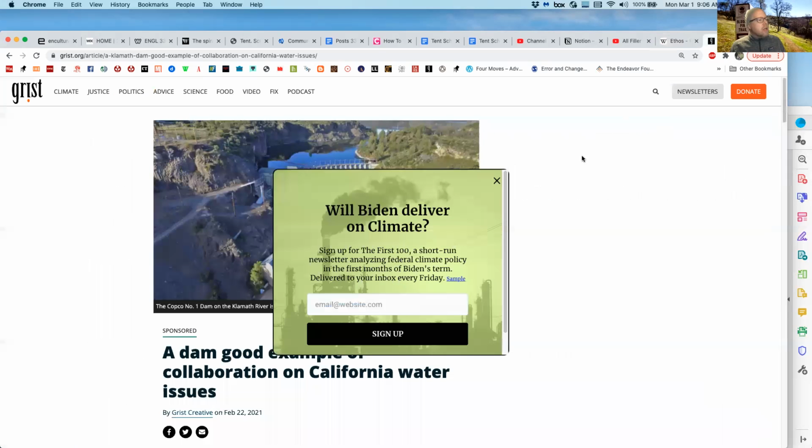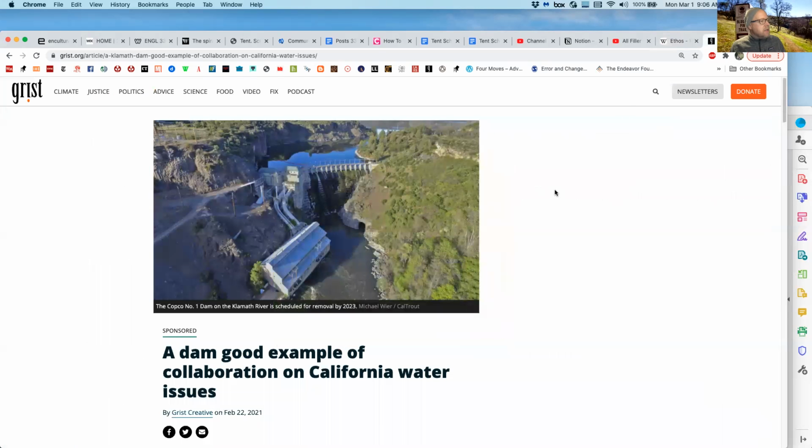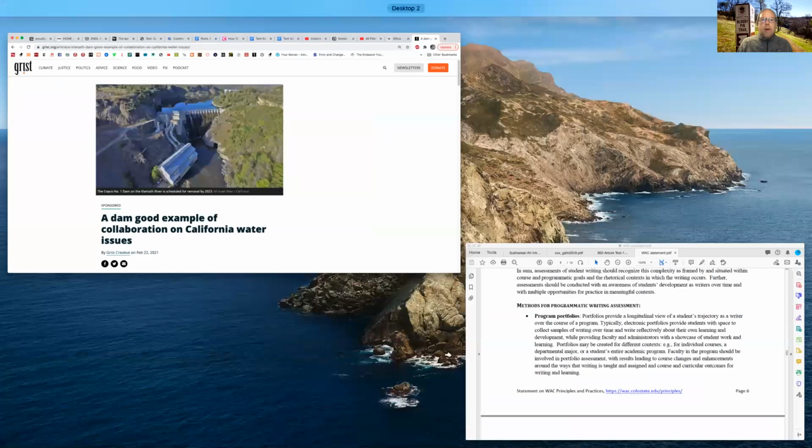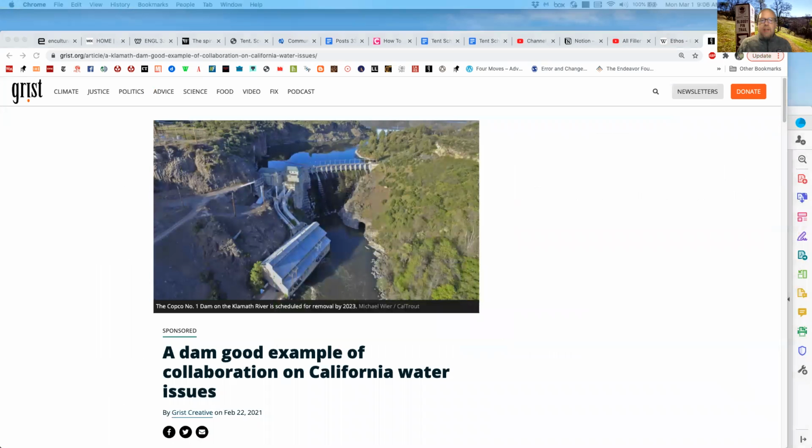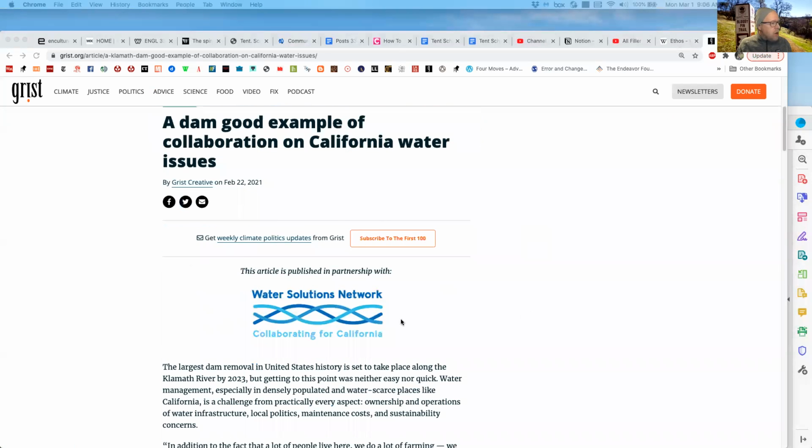So if we go into an article, let's just say this one, right? This is a Grist article, and it's an interesting one because we see right away it's a sponsored article. This is something that we should probably think through in different ways, because sponsored articles are not straight news articles. They have been, I wouldn't say polluted or corrupted in any particular way, but you see that Grist has a partnership with the Water Solutions Network.